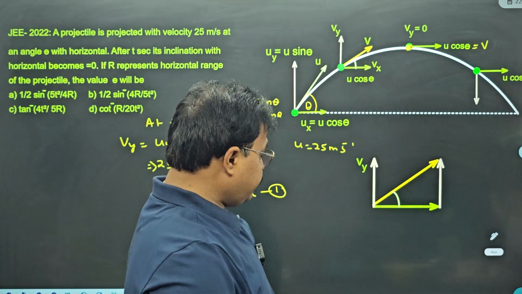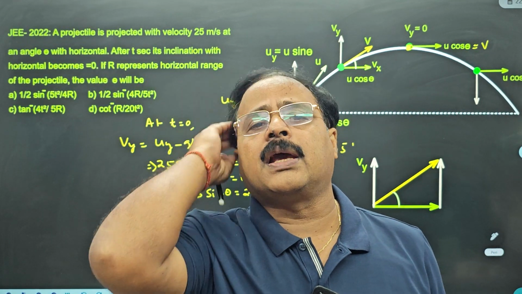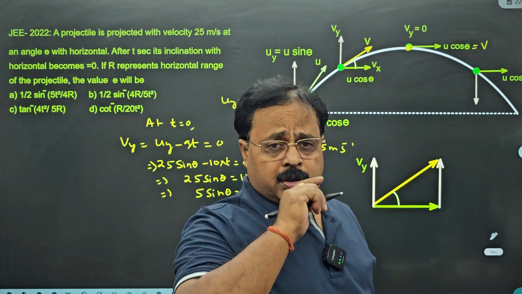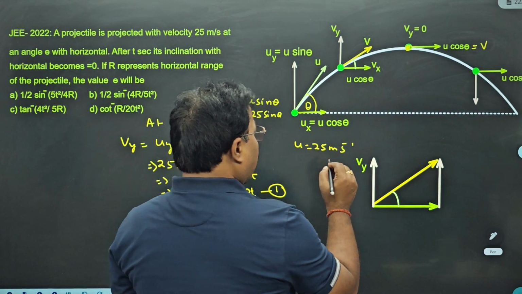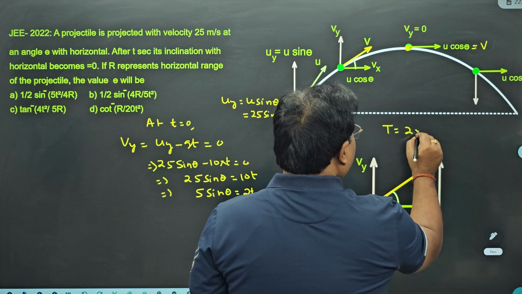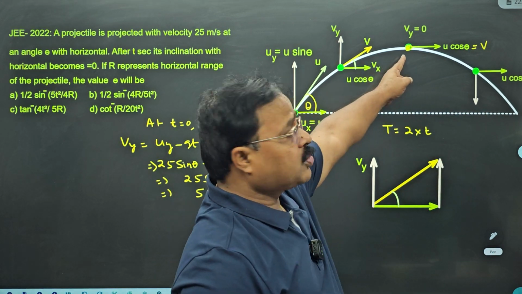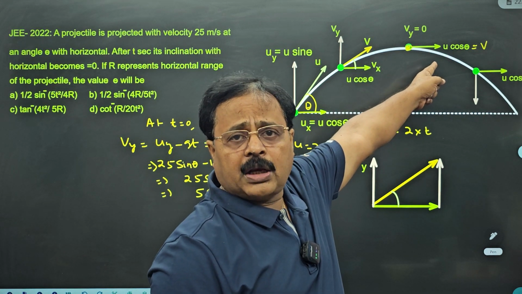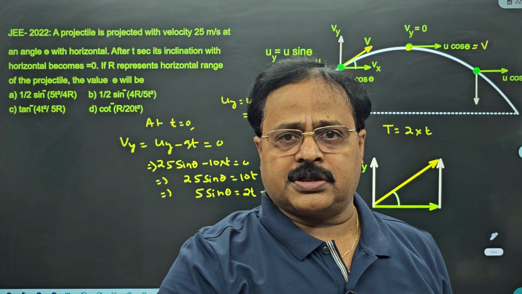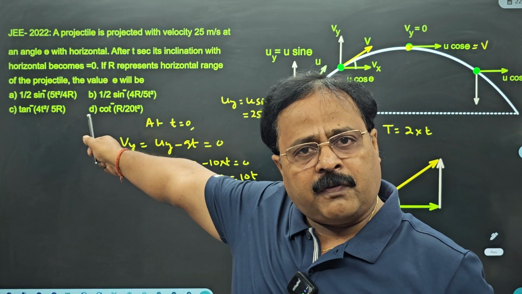Okay, my dear students. After time t, the resultant velocity makes an angle 0 degree with the horizontal. It means it is the highest point. You know, time of flight is equal to 2t, where t is the time taken by the projectile in going from the point of projection to the highest point of the projectile motion. Time of ascent is equal to time of descent. After time t, the vertical component of velocity is 0.